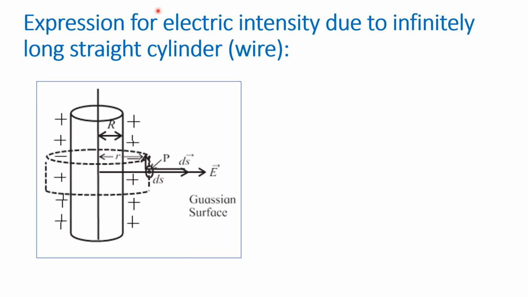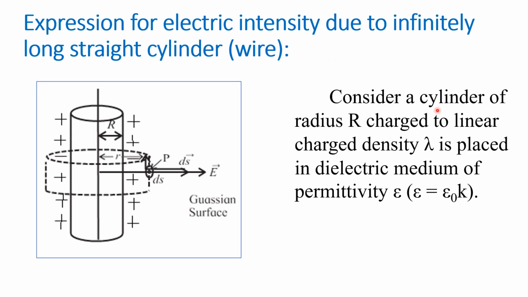Now the expression for electric intensity due to an infinitely long straight cylinder or wire. Consider a cylinder of radius capital R charged to a linear charge density lambda, placed in a dielectric medium of permittivity epsilon, where epsilon is equal to epsilon 0 k.